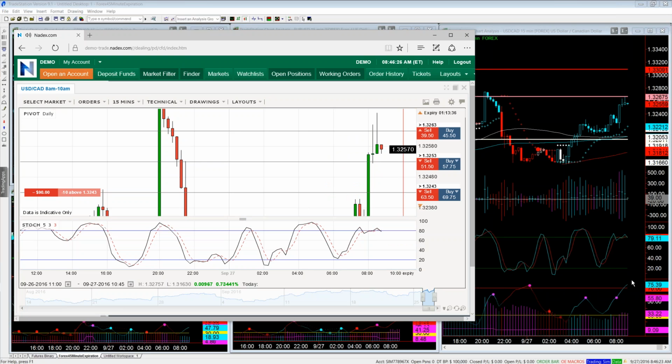Now, if it does come in, that tells me that price should come back to this little plus sign here, which currently is at 32.21. And the binary has an hour and 13 minutes to get this done.